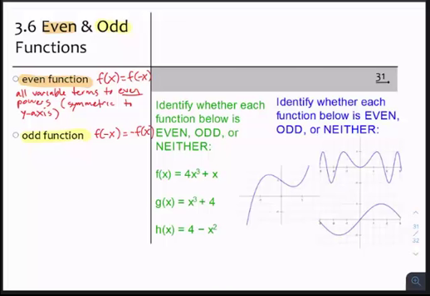If those are equal, then you have an odd function. And so again, another way to think of it is that all the variable terms are going to be taken to an odd power. And if this happens, it's going to be called symmetric to the origin.